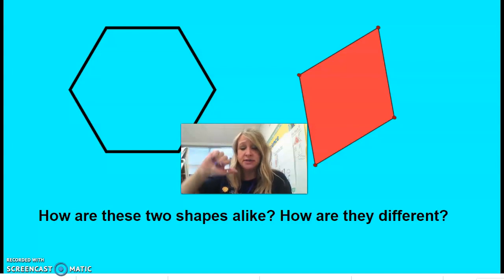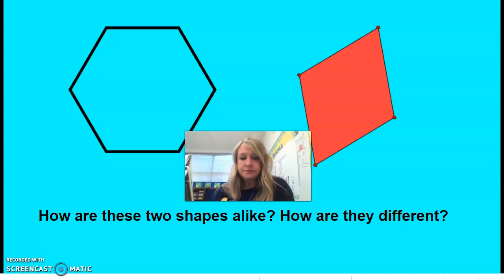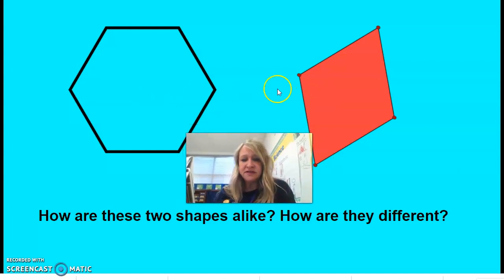They're different colors. What else is different? Do these have the same number of sides? No, this one has 6 sides and this one has 4 sides. So they have different number of sides. Do they have the same number of vertices? No, this has 6 vertices and this has 4 vertices.